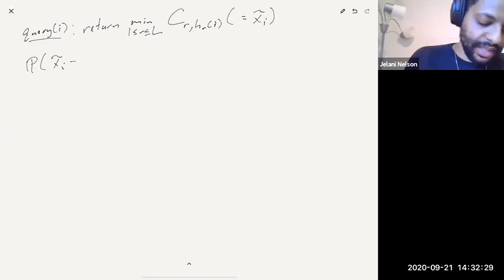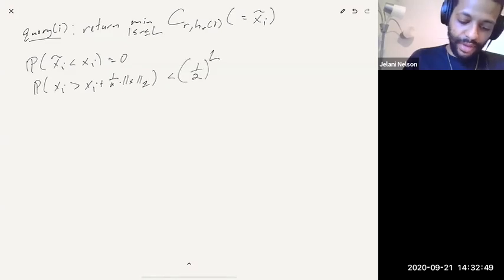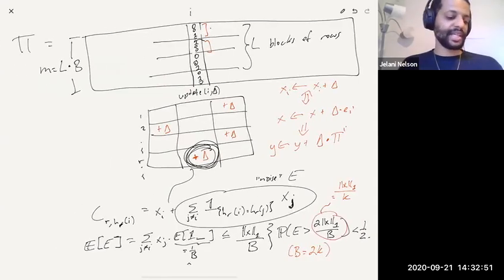So the probability that xi tilde is less than xi, you know that's 0. The probability that xi tilde is greater than xi plus 1 over k times the L1 norm is less than 1/2 to the Lth power, right? Because that's what we said over here.